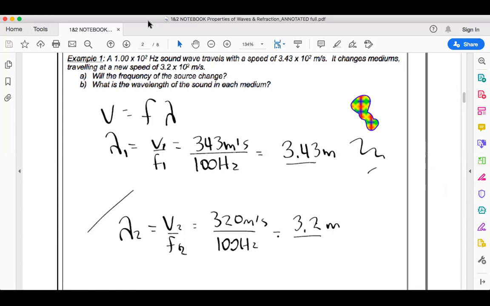And note, this is the same reduction of speed that occurs, like right now we're talking about sound from maybe hot air to cold air. That's the same analogous reduction in speed when water waves travel from deep water to shallow water. So have you noticed that maybe the ripples closer to the shore are more pronounced and noticeable, whereas it's less noticeable further out?